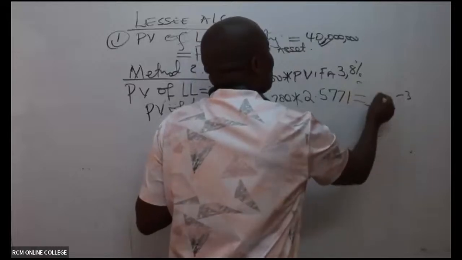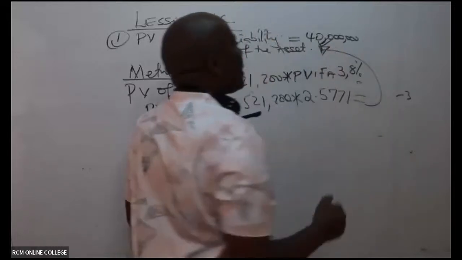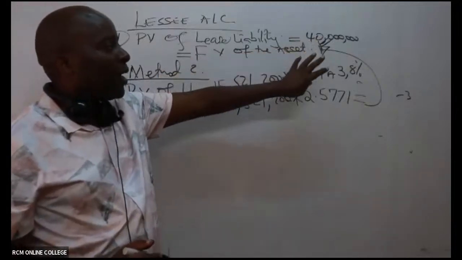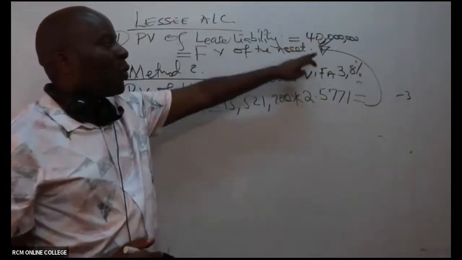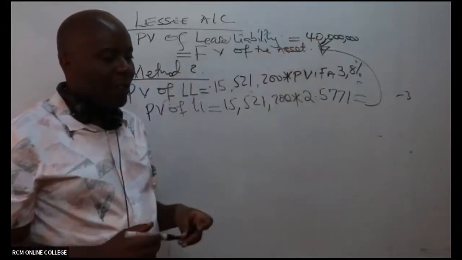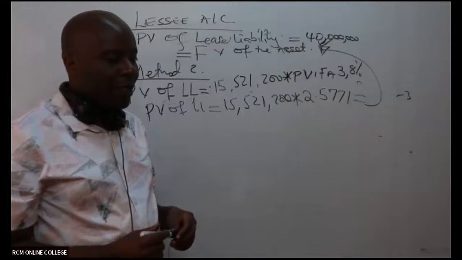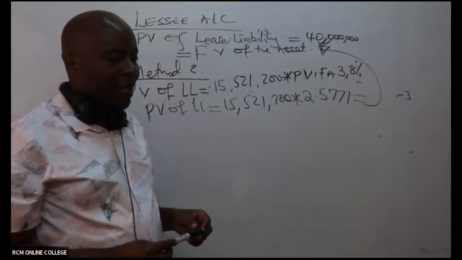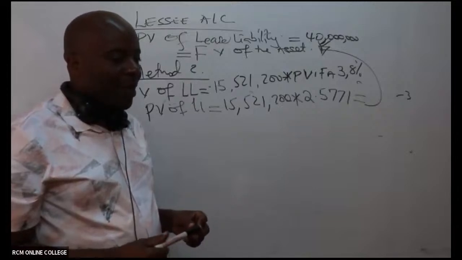If we are correct, we should be able to get an answer that is identical to this, save for a few rounding off errors. Yeah, 39 million, blah, blah.